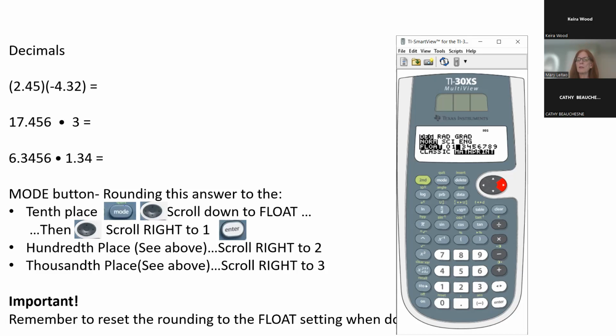That's the 100ths place, and we can hit enter. Now we have to remember to change that before we leave. When we're done using this rounding function, we have to go back and reset it to float. Sometimes people forget to do that, and they wonder why their answers are coming out shorter than they should be or cut off.